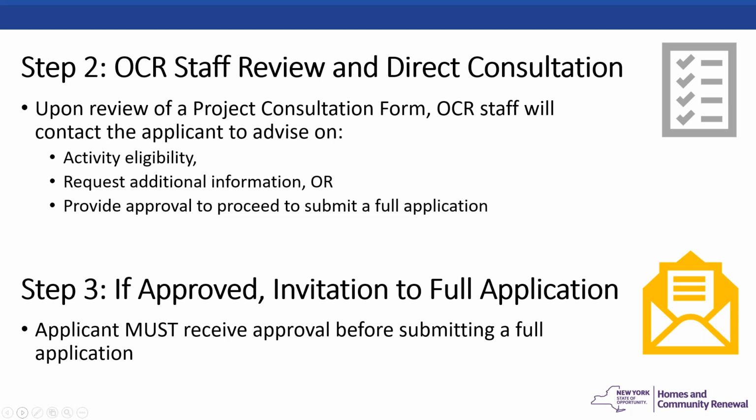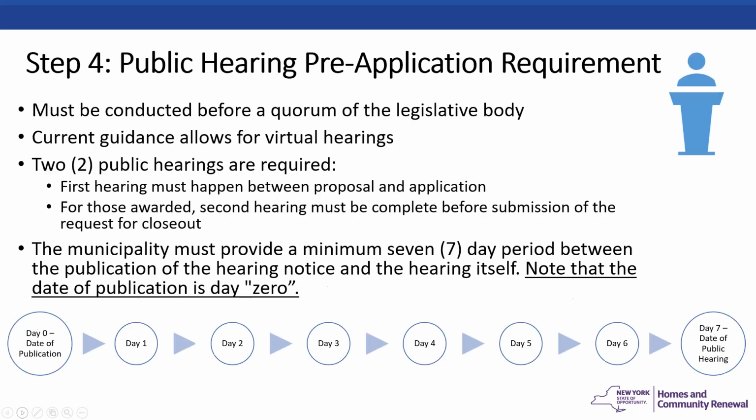Step 4, we want to park on that for a second. As we said, there is this pre-application requirement of a public hearing. So if we go to the next slide, units of local government must conduct a public hearing, not a meeting, but a public hearing before a quorum of the full legislative body. So not a division of local government, not the planning department, quorum of the legislative body.